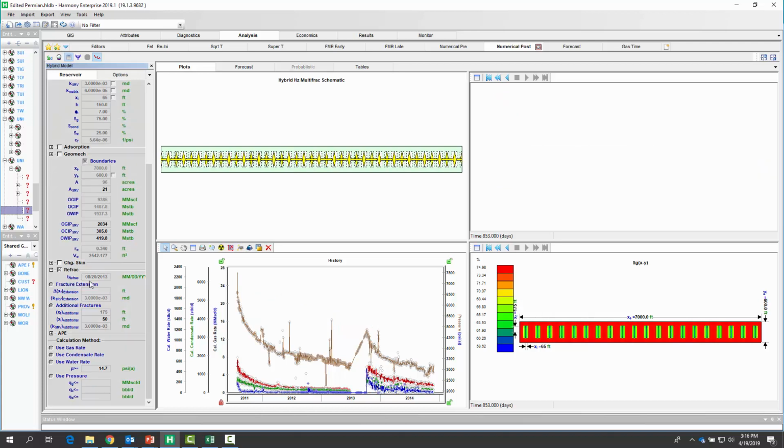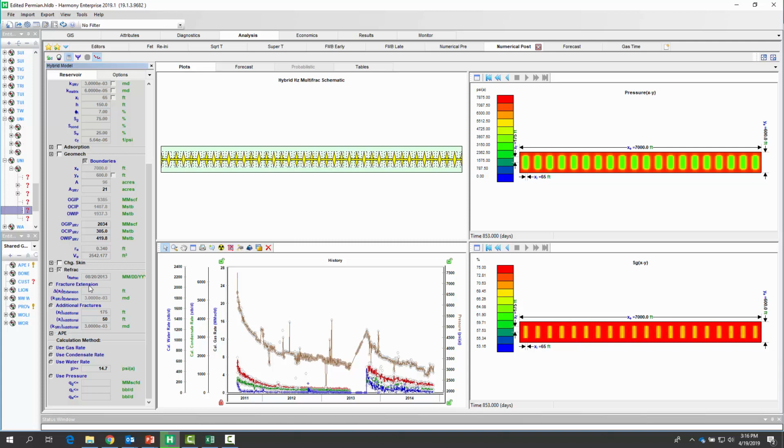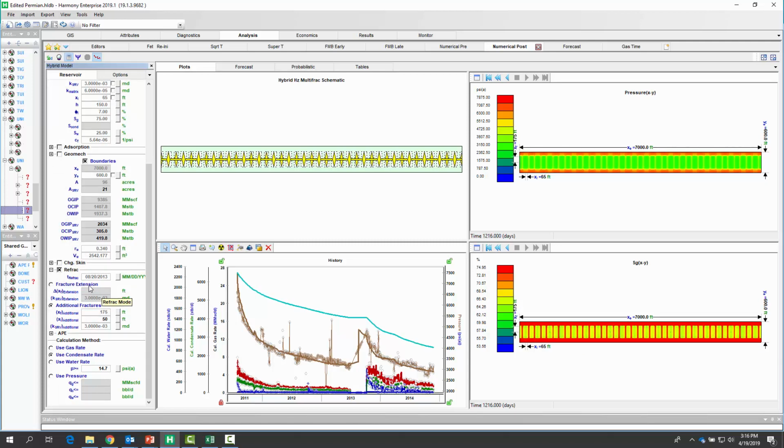After we've entered the date, we have two options to change the completion behavior. One of them is we can take the existing fracs, in this case there were only 20, and extend them. At this point in time, we can make them longer. We can also change the SRV permeability at that point in time as well.